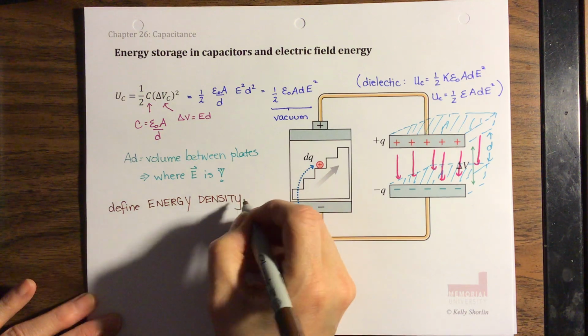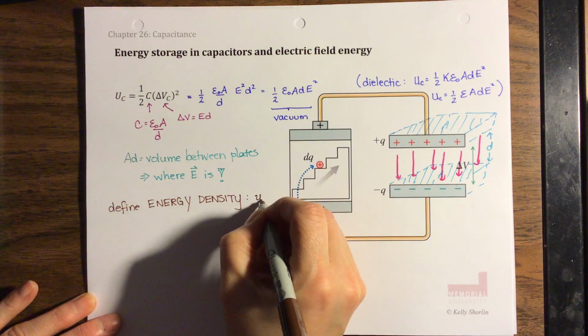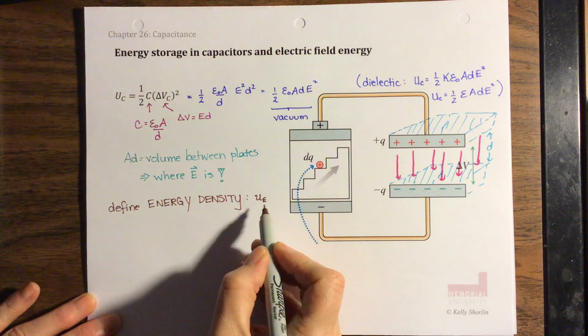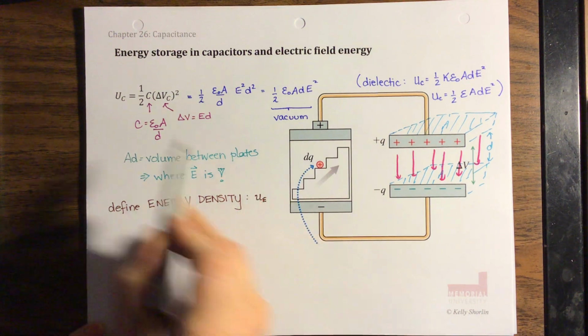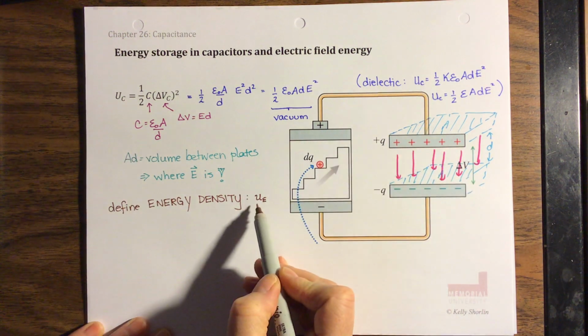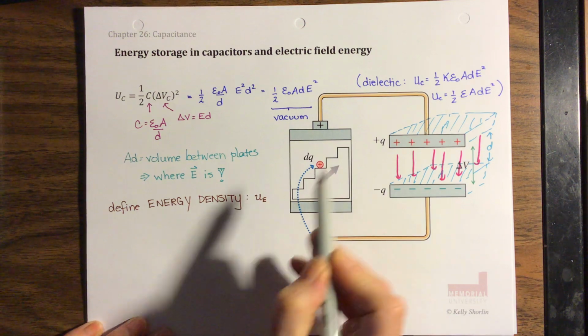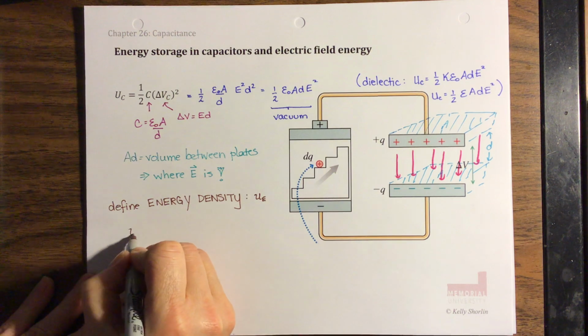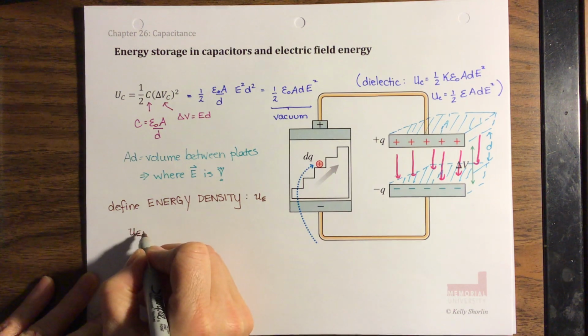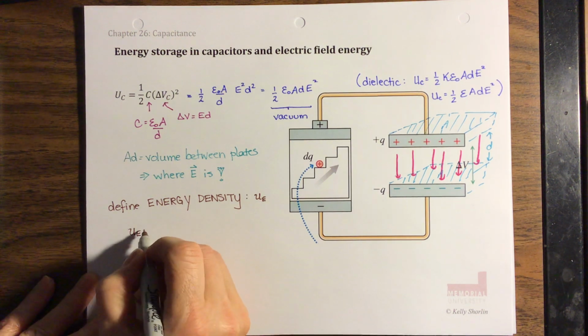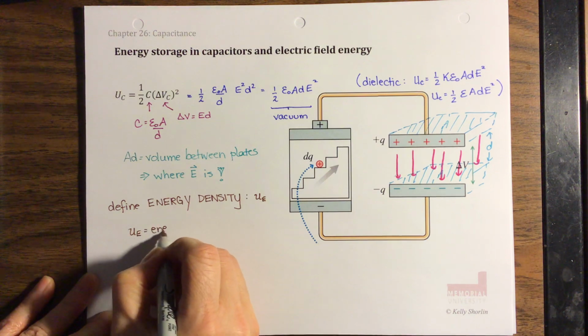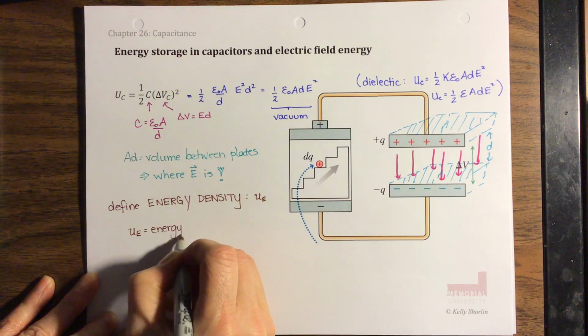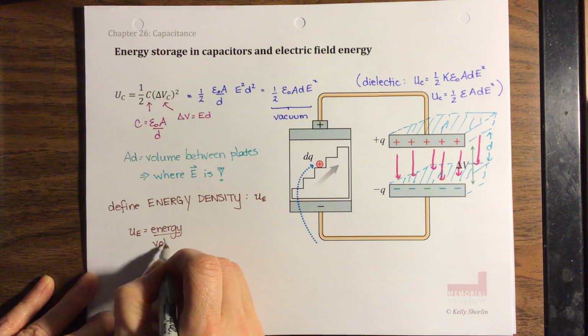We're going to give energy density a symbol of a lowercase u with a subscript of E. I'm going to try and keep my uppercases and my lowercases sufficiently different so that you can tell what it is, and they also have different subscripts. So my energy density, uE, is going to be my energy divided by volume, just like all densities, is something over volume.